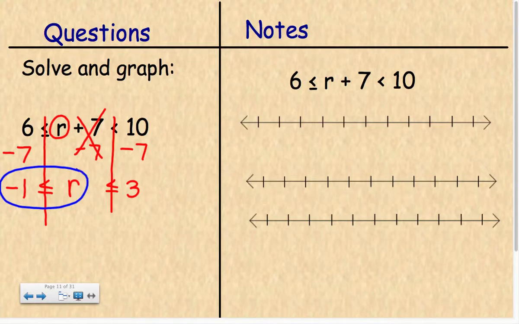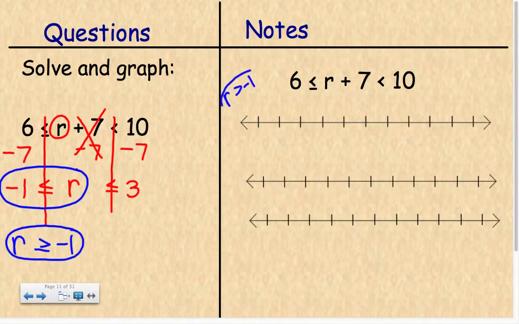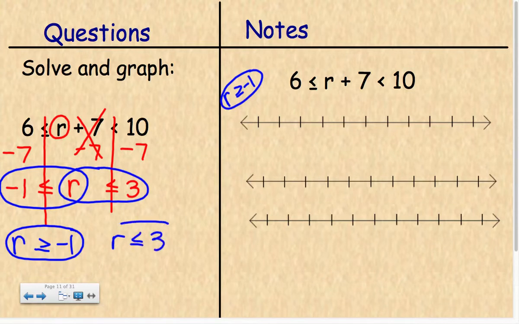But we know that if we want to use our graphing trick, the r has to be on the left. So I'm going to rewrite it. My alligator mouth is eating the r, so my alligator mouth has to eat the r. R is greater than or equal to negative 1. That's my first inequality. My second inequality is r is less than or equal to 3.